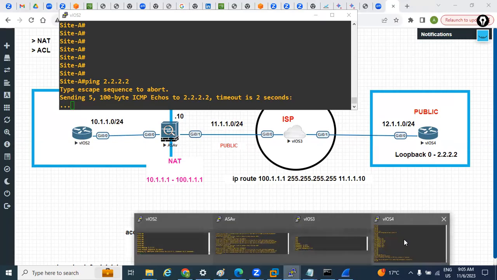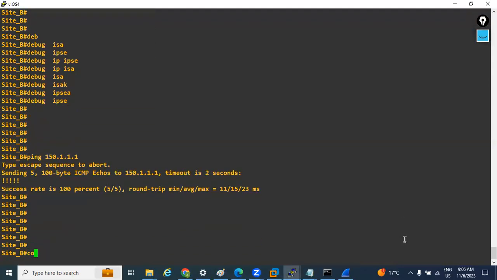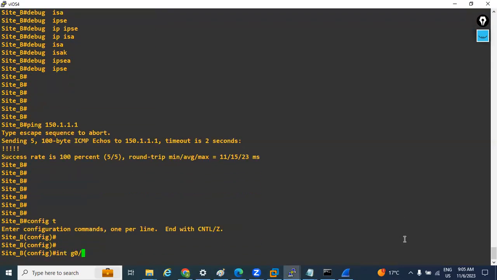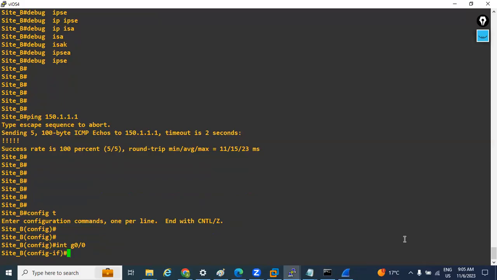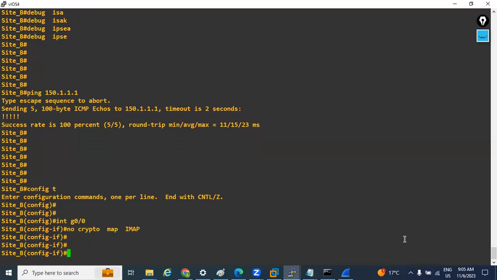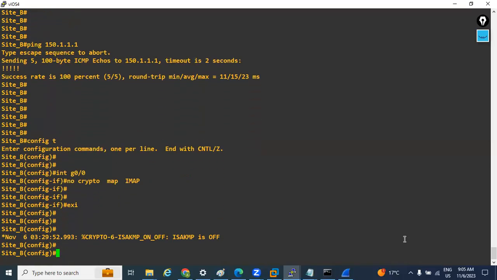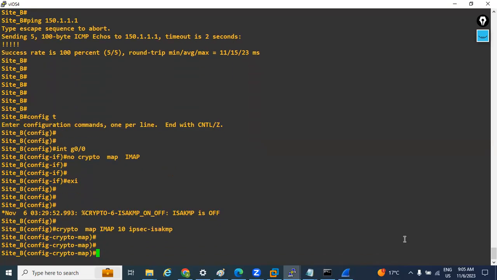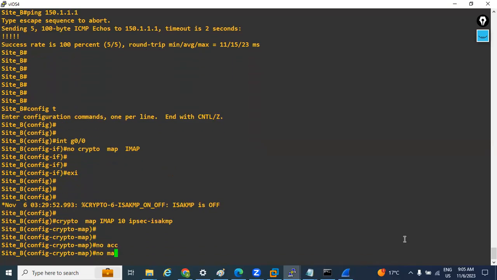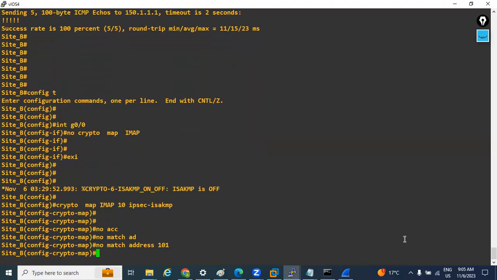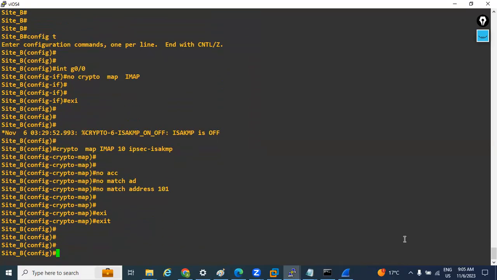Let me do one small change here. Interface 0/0. Let me disable this. No match address 101. I have removed it.